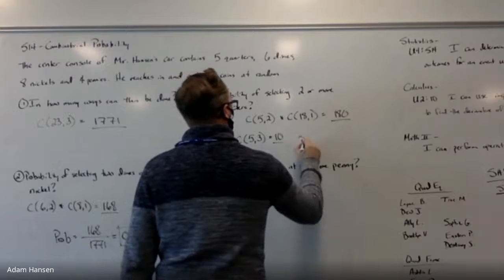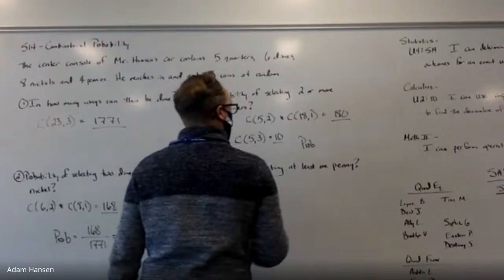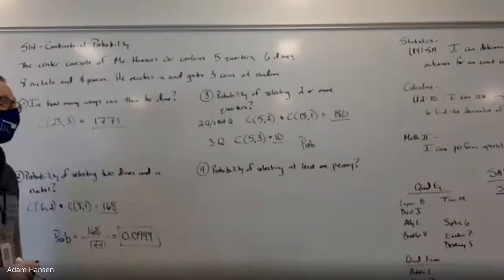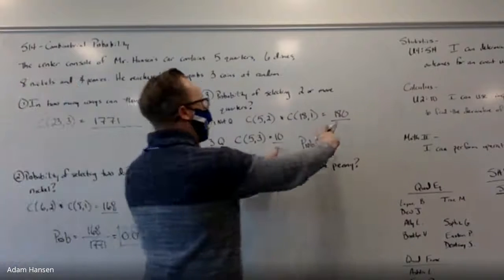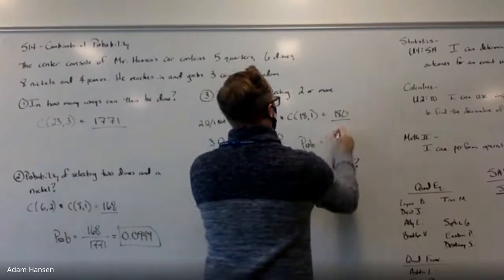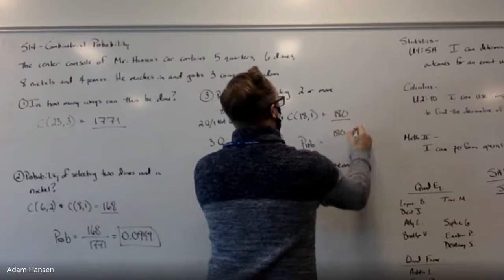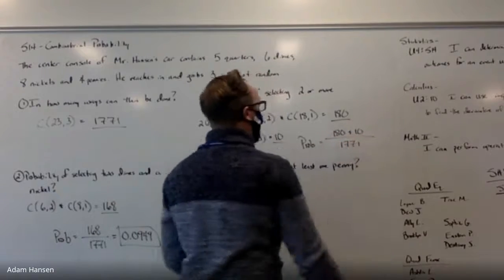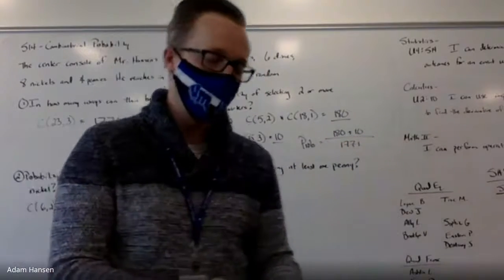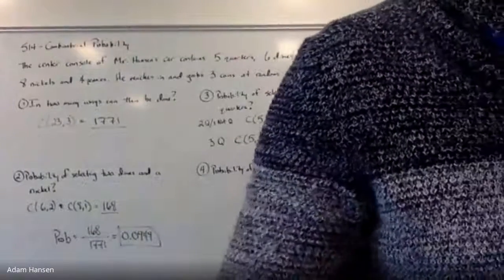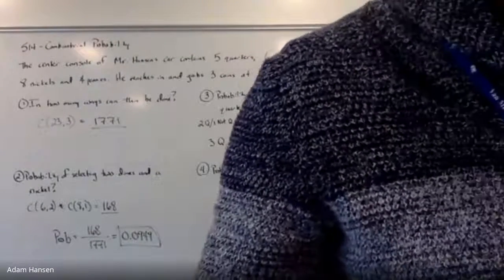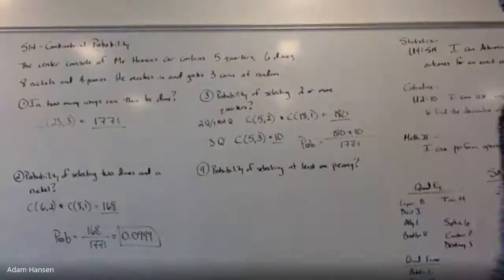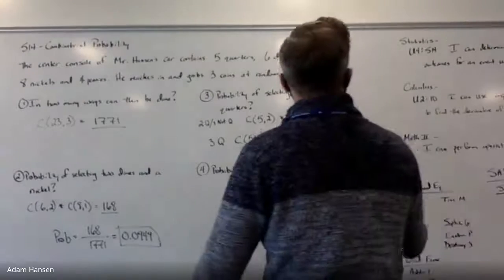So the probability of getting 2 or more quarters from the 3 coins would be the sum of these 2 outcomes. 180 ways to get 2 quarters, 10 ways to get all 3 quarters, divided by 1,771 different total combinations. So 190 out of 1,771 looks like about 10.73%.